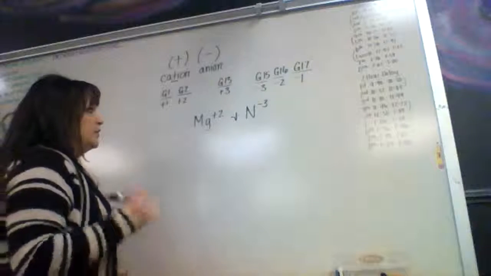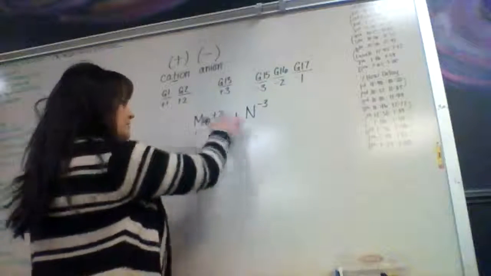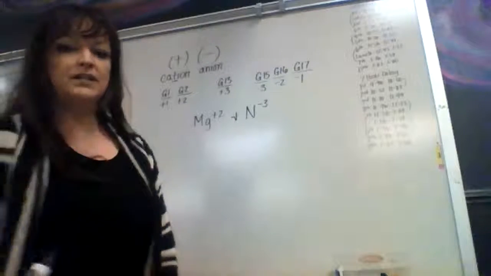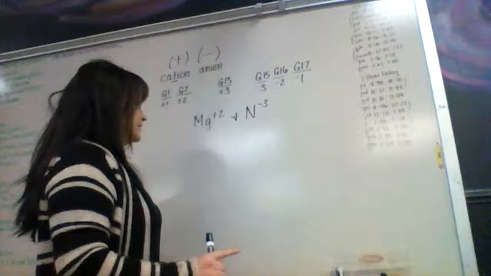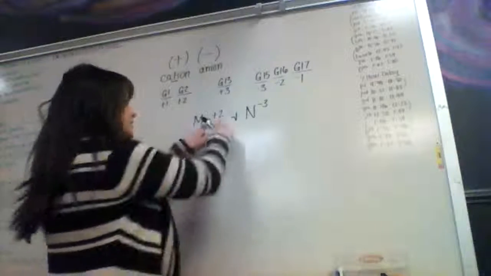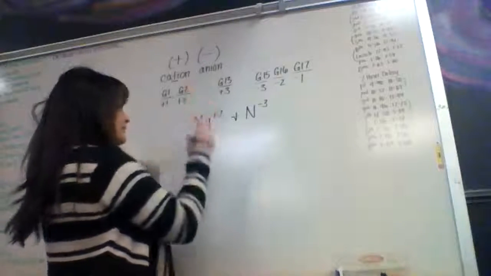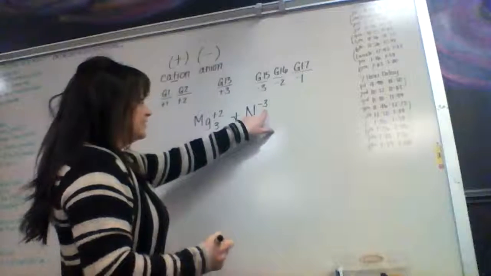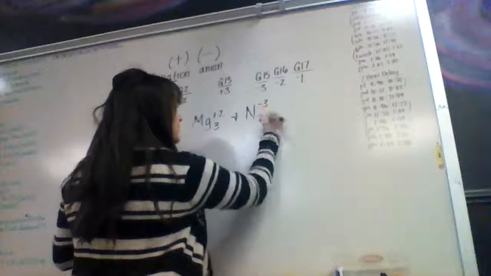All right, so now we have a positive 2 and a negative 3. The smallest number that both of those go into is 6. So to get 2 to be 6, you multiply it by 3. To get 3 to become 6, you multiply it by 2.